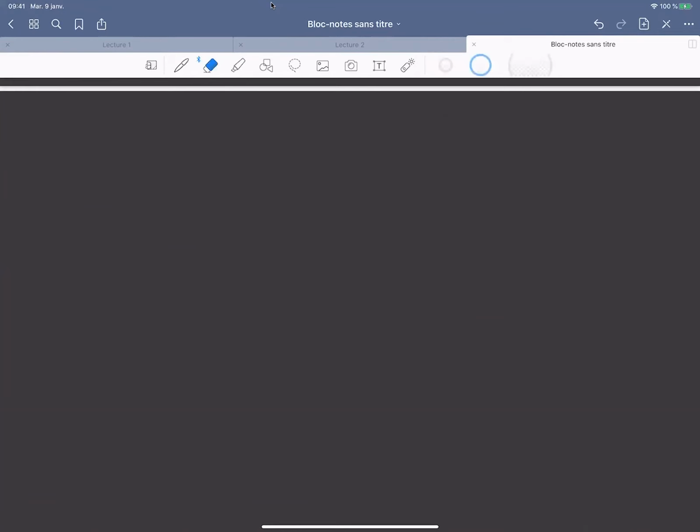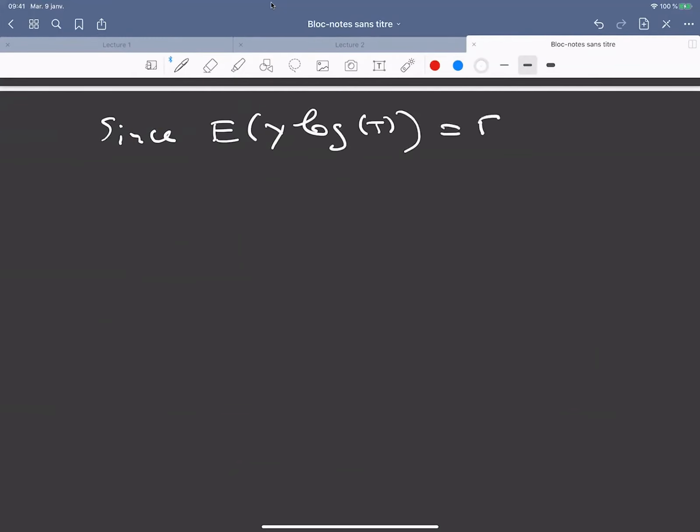Okay, so now another simple remark is that when you look at the expectation of y times log t, then it is equal to the entropy of y whenever t is equal to y over expectation of y.